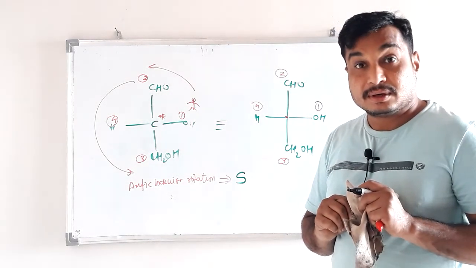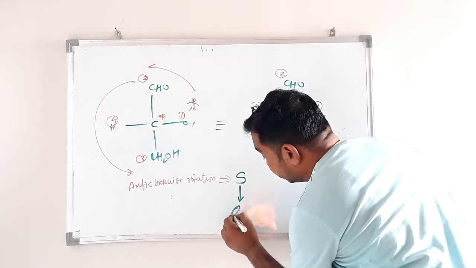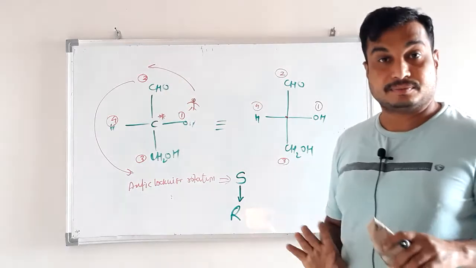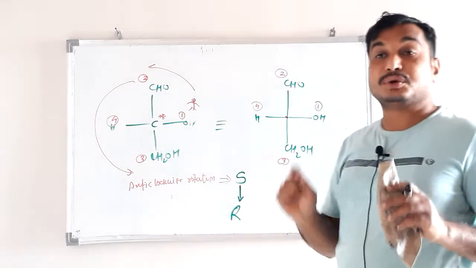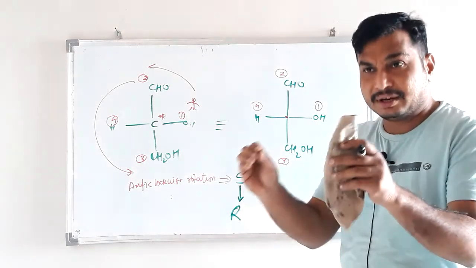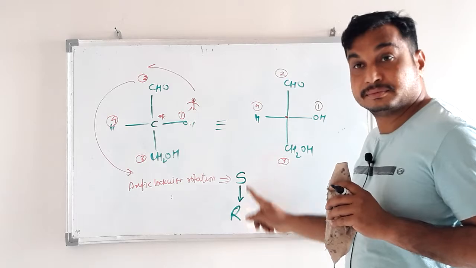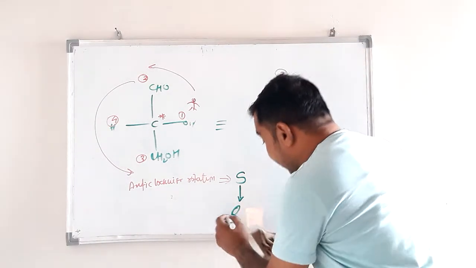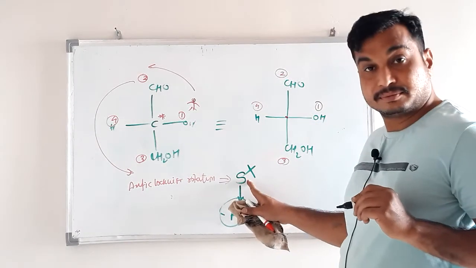Convert this symbol into R. Just convert. Without rotation, we can also give the notation simply by understanding that conversion. Just convert S into R in your answer.